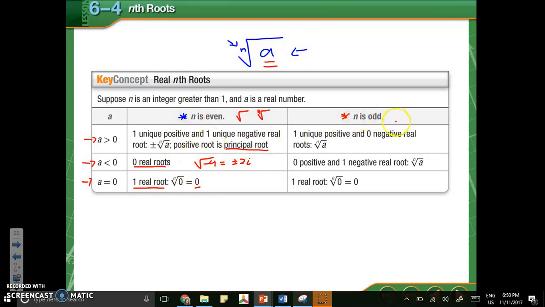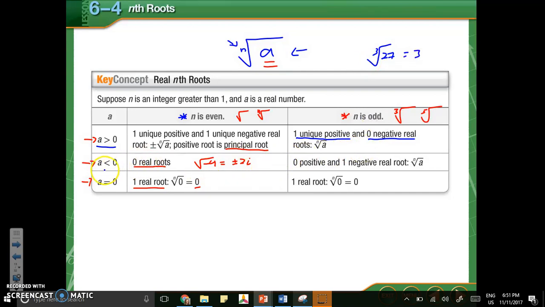If my index is odd, so here we're talking about cube roots, or fifth roots, or seventh roots, or however far we want to go. If a is positive, there's one positive root, no negative roots, right? So this is like the cube root of 27. That could only be 3.